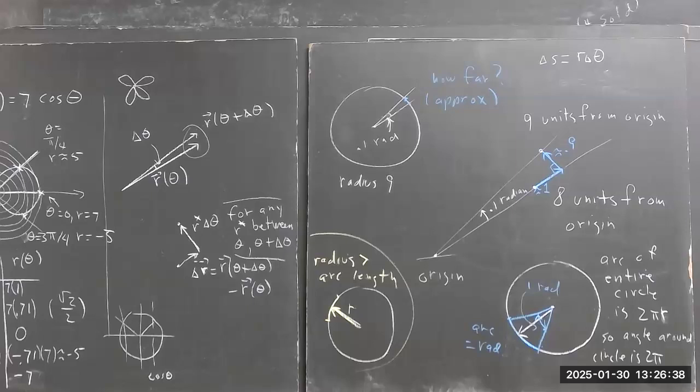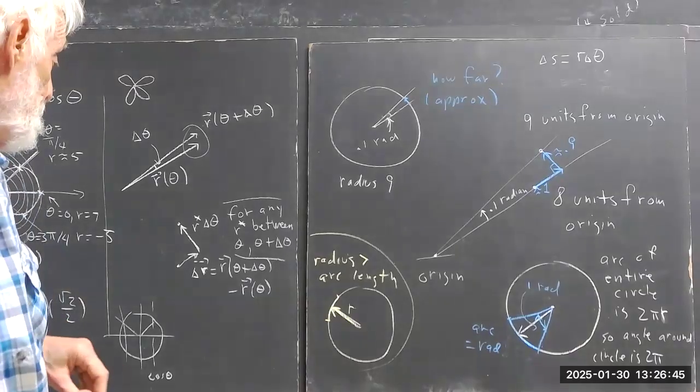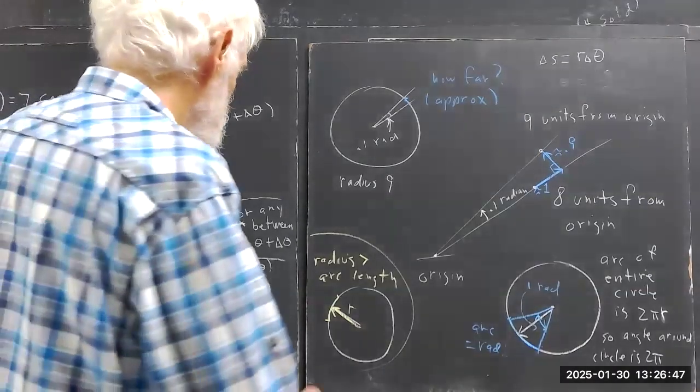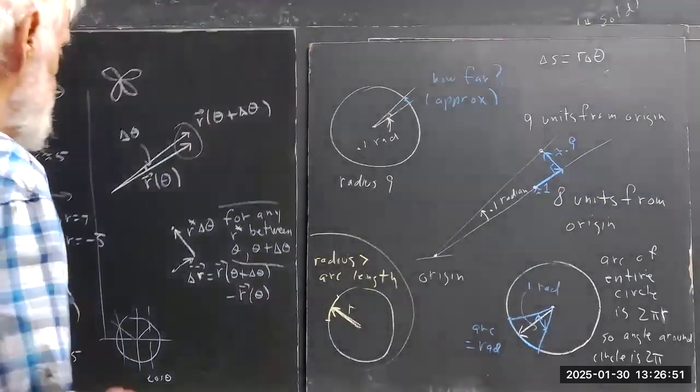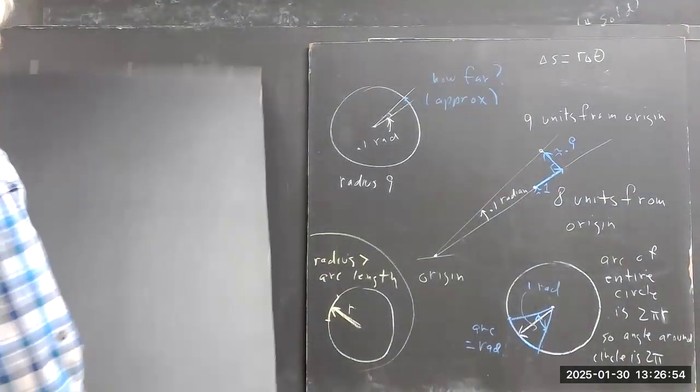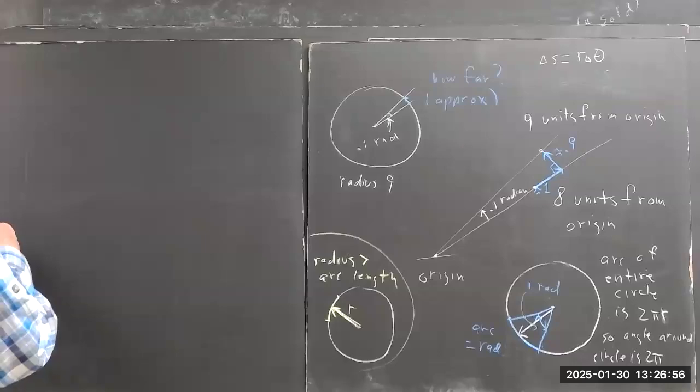Now, you can take an equation in polar coordinates and change it to rectangular coordinates. Okay? Polar coordinates. You can do the opposite too.